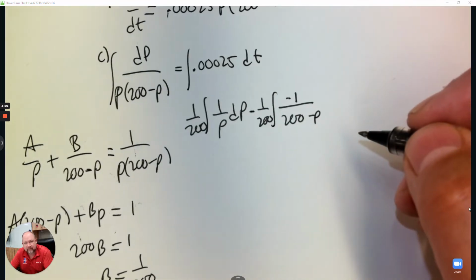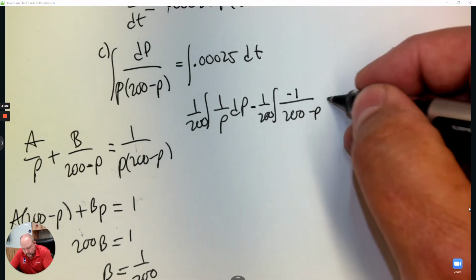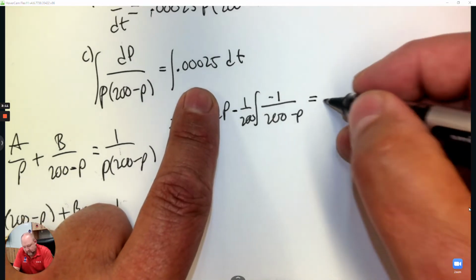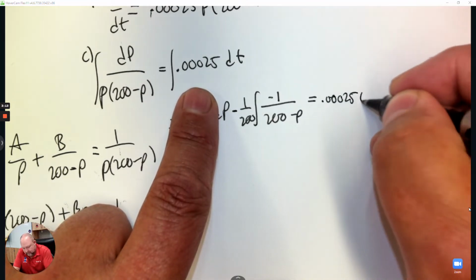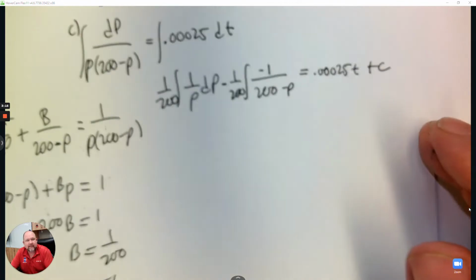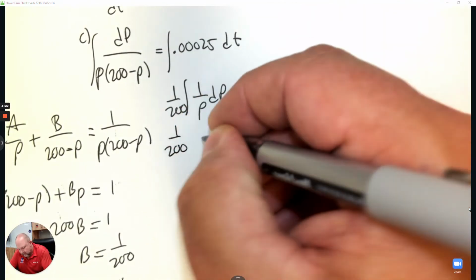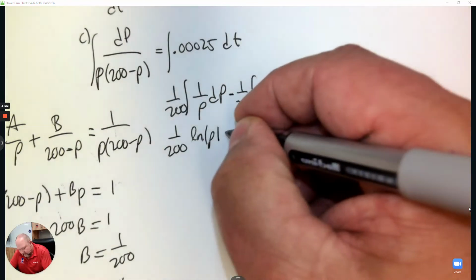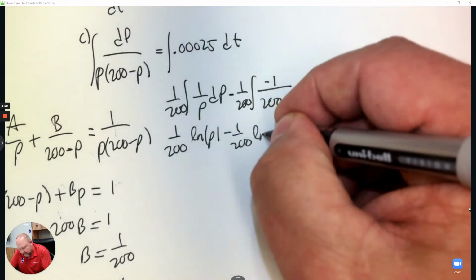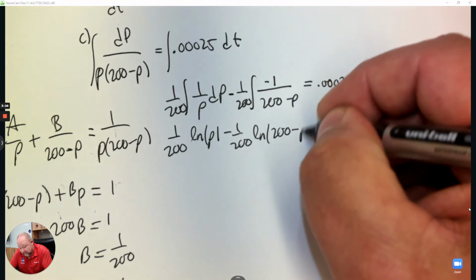That's why I was trying to leave a space there. And then when I integrate the left, it's just 0.00025 t plus C. These are going to be logarithms. So it's 1/200 ln P minus 1/200 ln(200 - P).